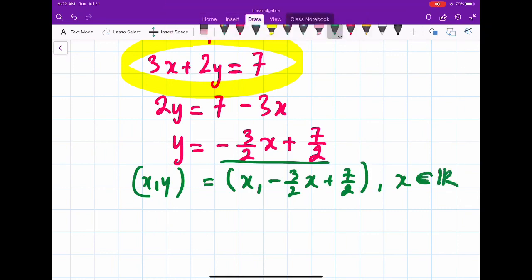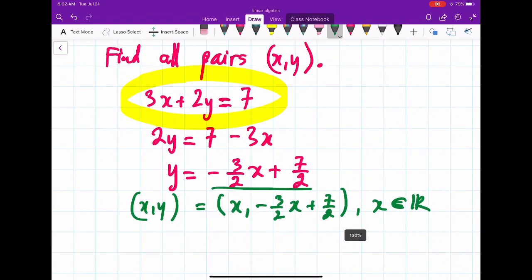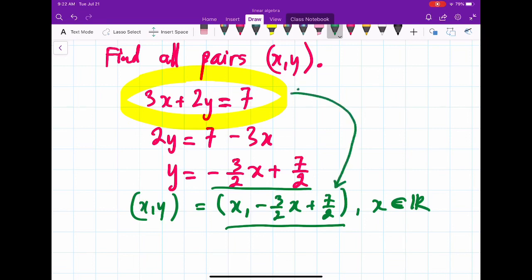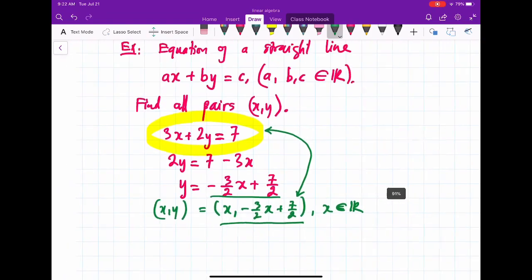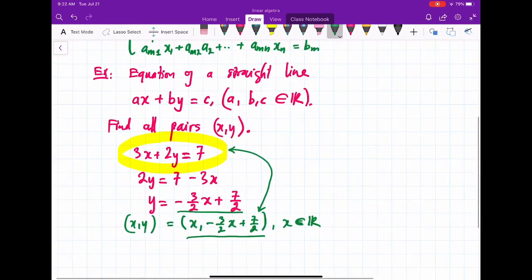That means each time you give a value of x, you have a pair, a point on that straight line, or you have one solution of this equation. Does that make sense? So in general, I hope you still remember the equation of a plane.